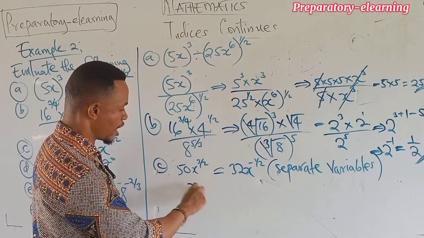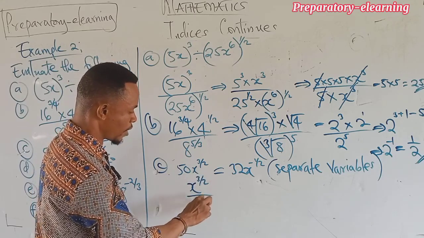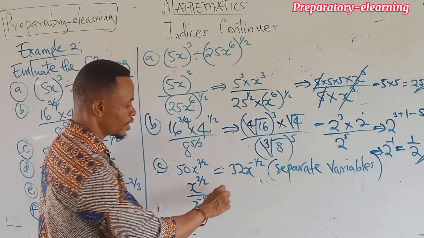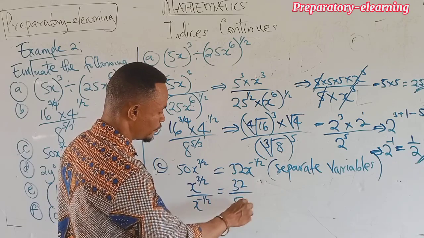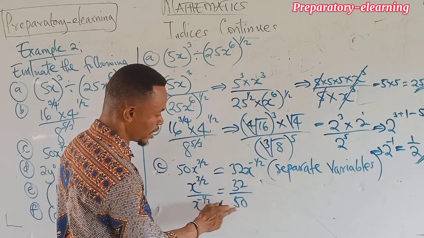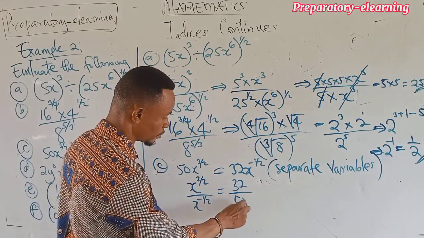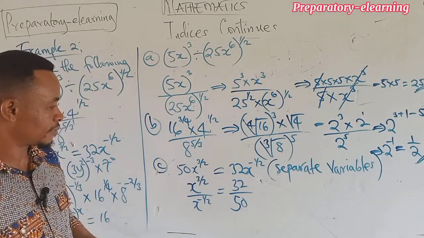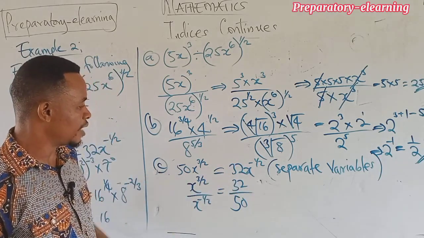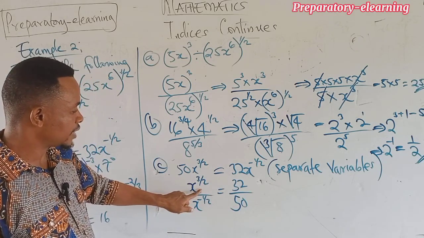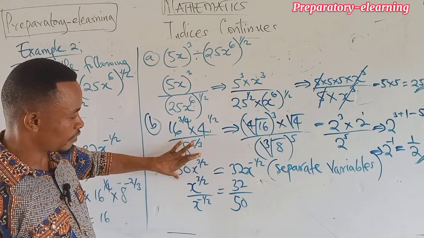We have x power 3 over 2 all over x power minus 1 over 2 equals to 32 all over 50. Hope you understand that. If you are to cross multiply, you have the same thing. That means 50 times x power 3 over 2 gives 50x power 3 over 2.